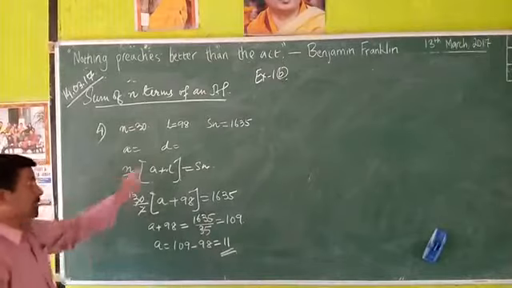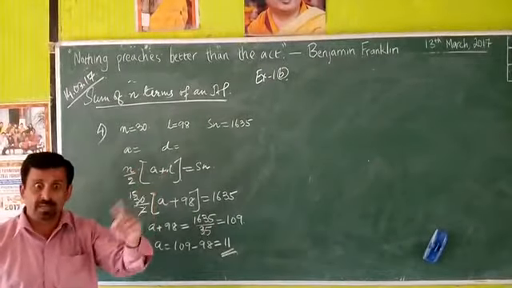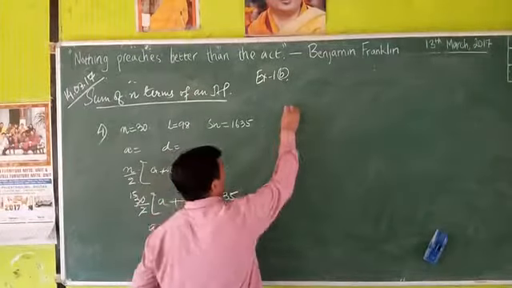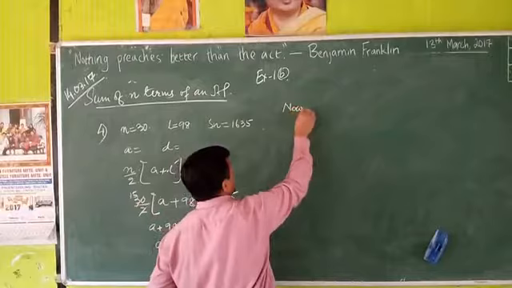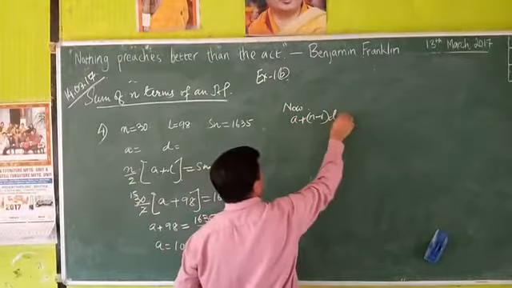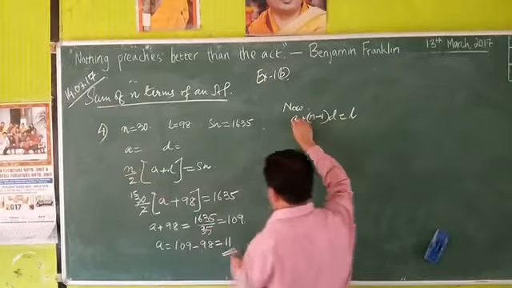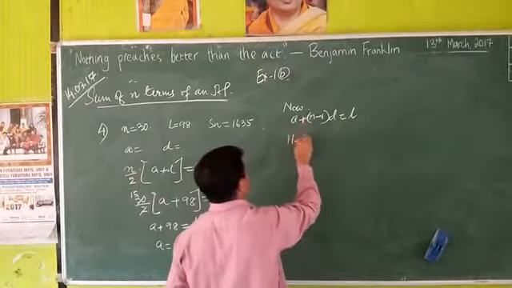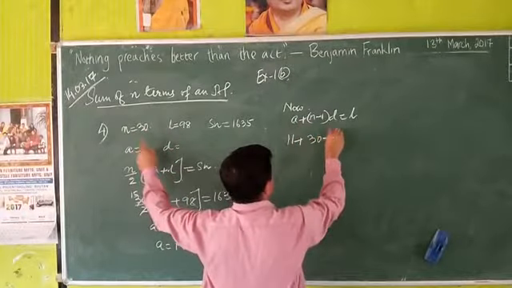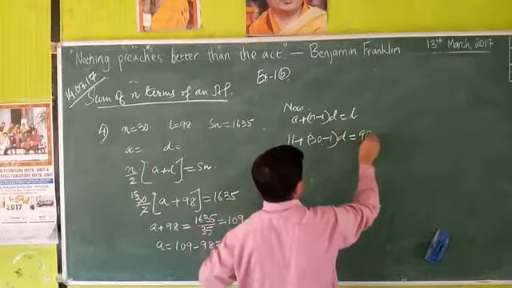Now what is left is D. So we will go for the nth term formula with the last term, and then we can find the common difference. A plus (n minus 1) into D is equal to L. Now A calculated is 11, plus (n minus 1), n is 30, so (30 minus 1) into D, and L is 98.